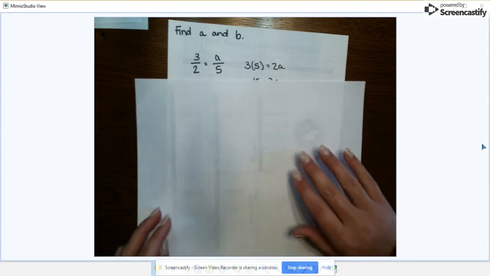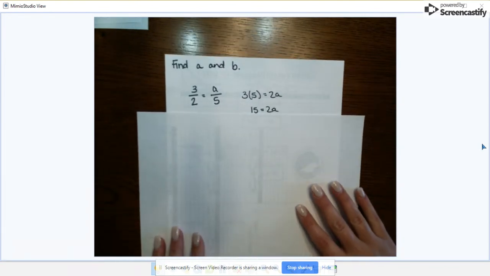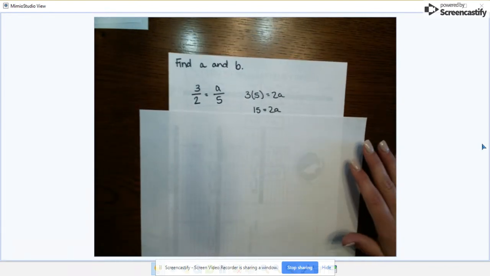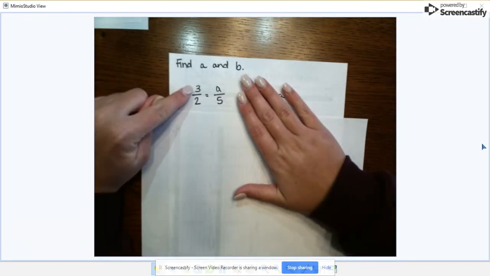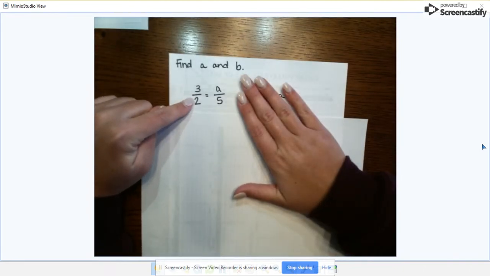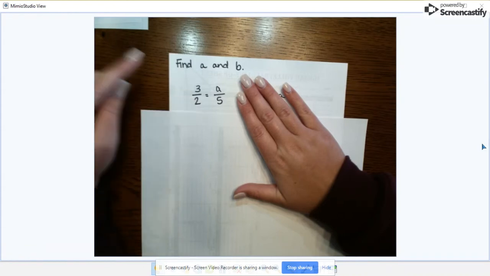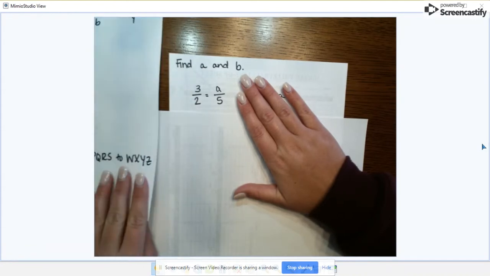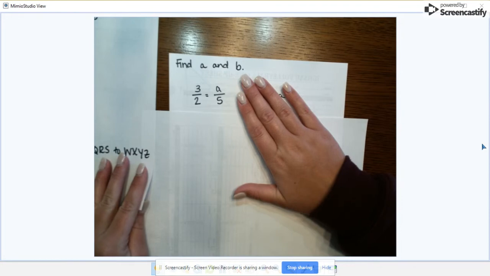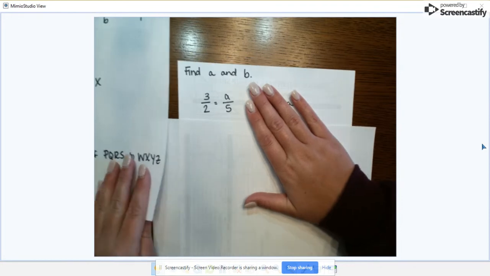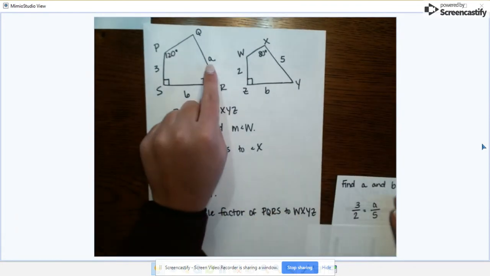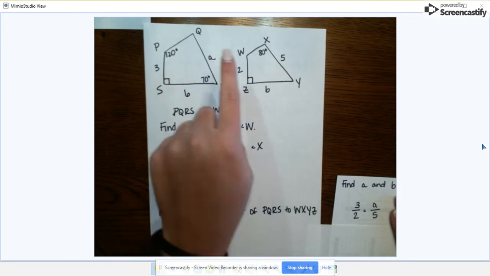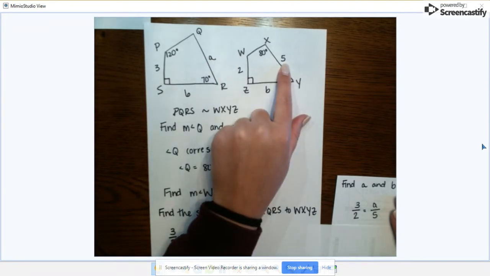You'd have to use your picture because I didn't redraw it, but we're going to find A first. So we have to use our scale factor, which was 3 over 2, and then we use the side length that we're looking for and its corresponding side. So here is A. Its corresponding side length is 5.